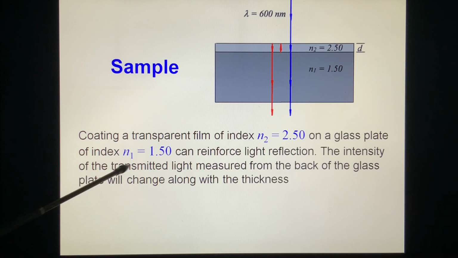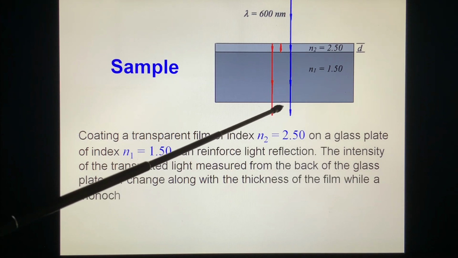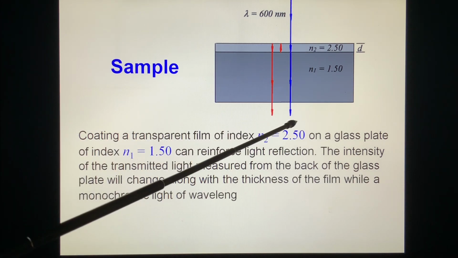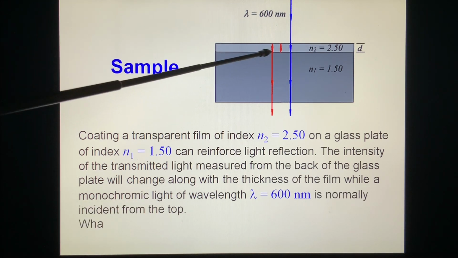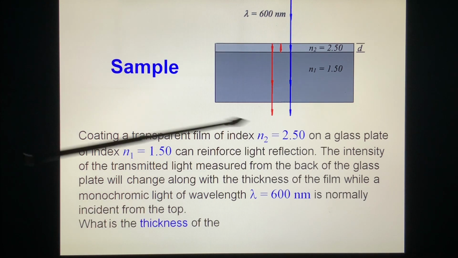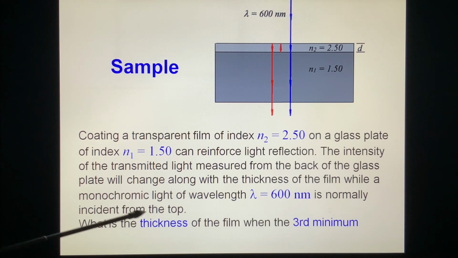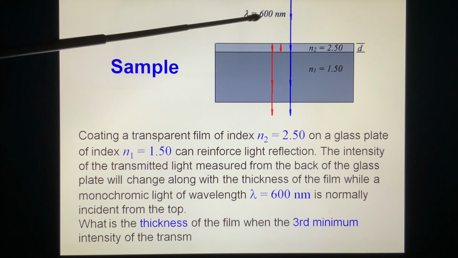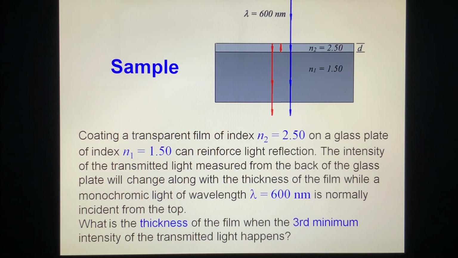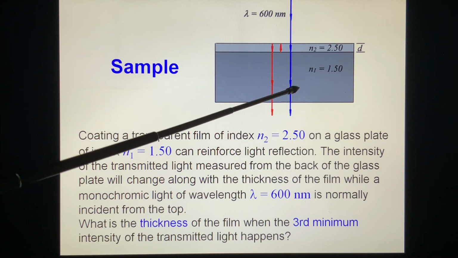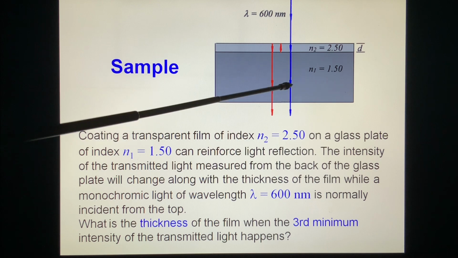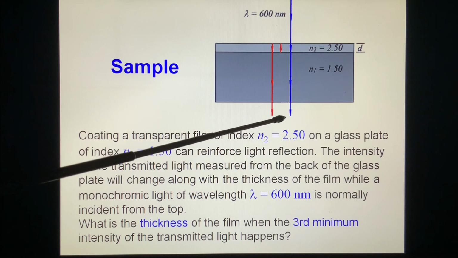The intensity of the transmitted light, measured from the back of the glass plane, will change along with the thickness of the film, while a monochromatic light of wavelength lambda = 600 nanometers is normally incident from the top. What is the thickness of the film when the third minimum intensity of the transmitted light happens?